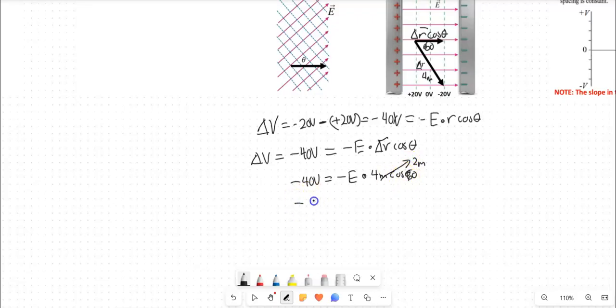Negative 40 volts equals negative E dot 2 meters to the right.